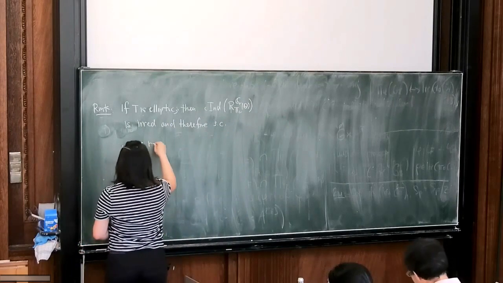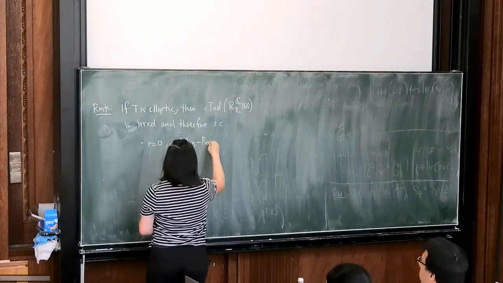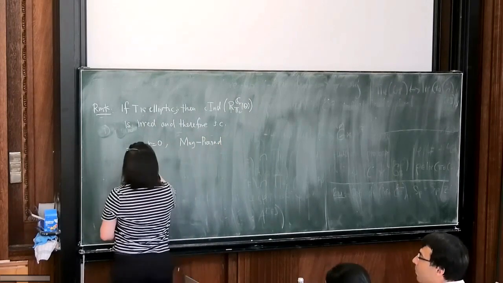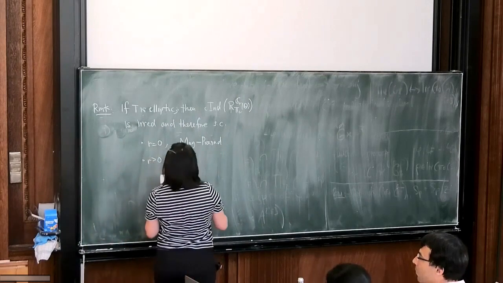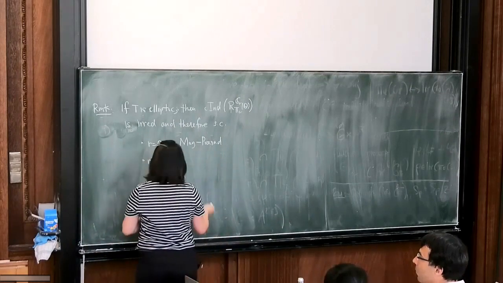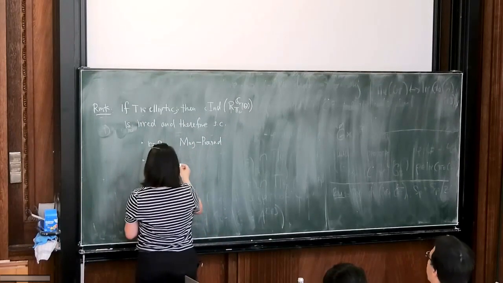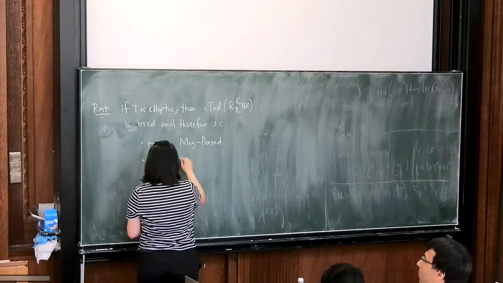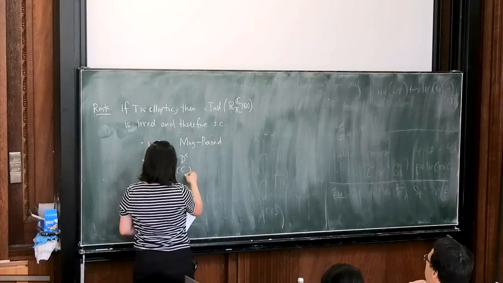So when r is equal to 0, this is a theorem of Moy-Prasad. When r is positive, then this is actually not known in complete generality, but most of the time, yes, it is right. In the division algebra case, this is something that I studied some years ago.